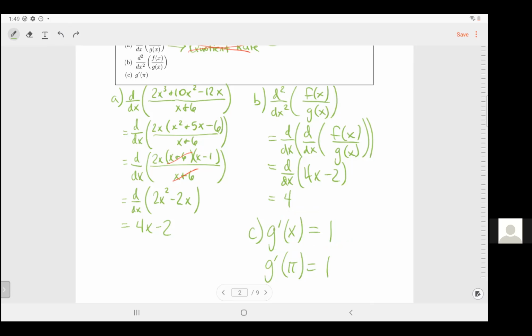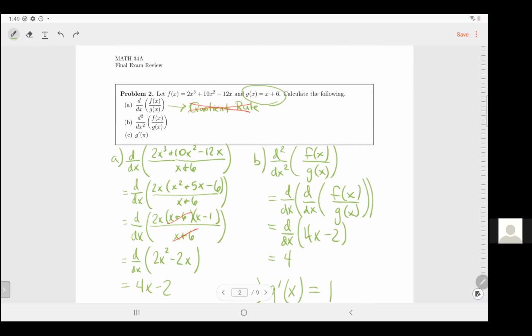Okay, cool. So let me just write up here the moral of this problem. Maybe there are 2. One is simplify algebraically before taking a derivative.